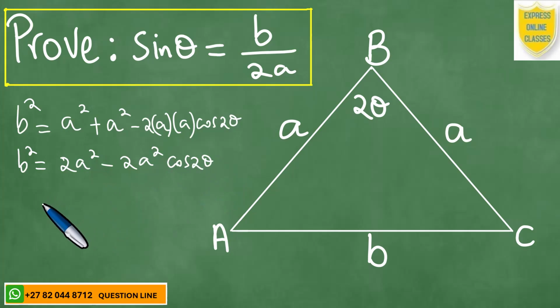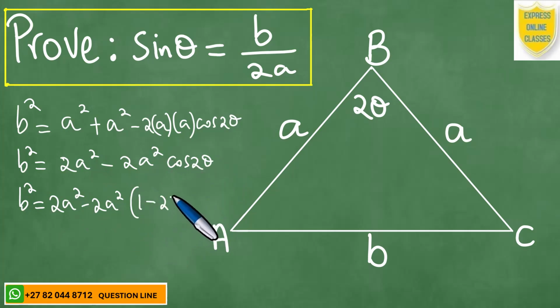At this point, what we're able to do is use that the cosine of 2 theta is 1 minus 2 sine squared theta.